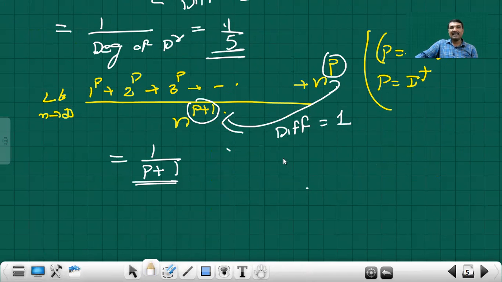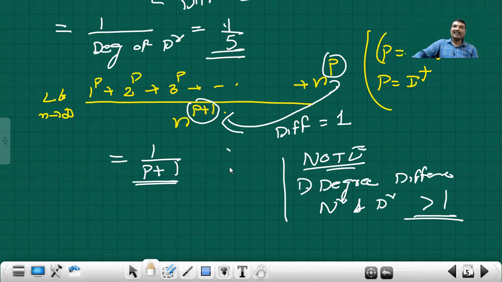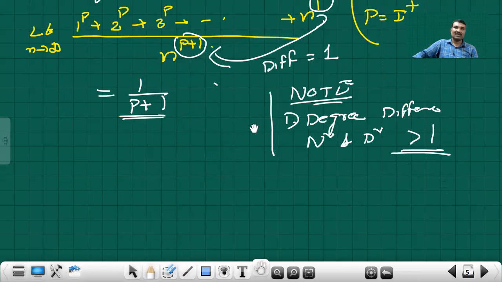We have to draw some conclusion here. If the degree difference in numerator and denominator is greater than 1, and the degree of the denominator is larger, then the value of the limit is equal to 0.